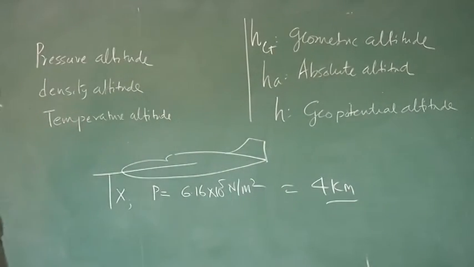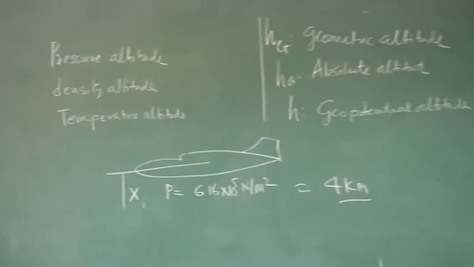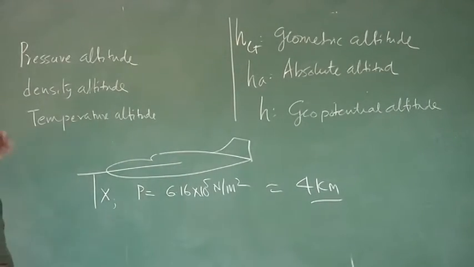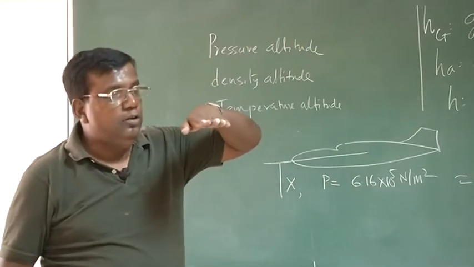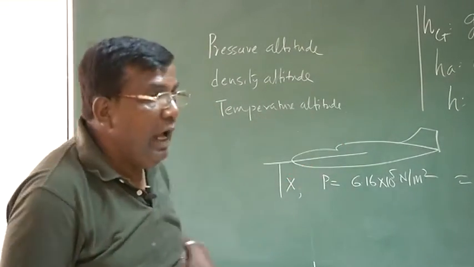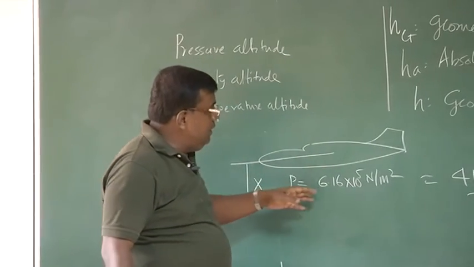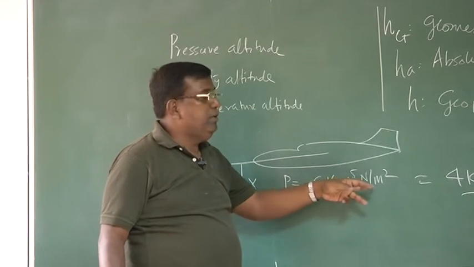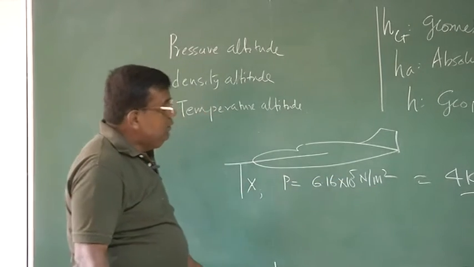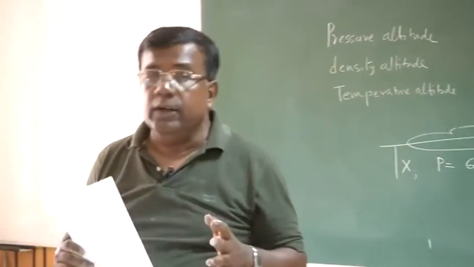Are you clear about pressure altitude? Let me repeat. Now we are discussing pressure altitude. Suppose I am flying at a geometric height Hg and my instrument is sensing pressure equal to 6.16 into 10 to the power 5 Newton per meter square. The pressure altitude is defined in this way.